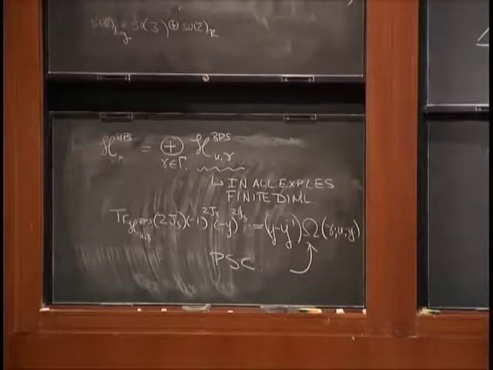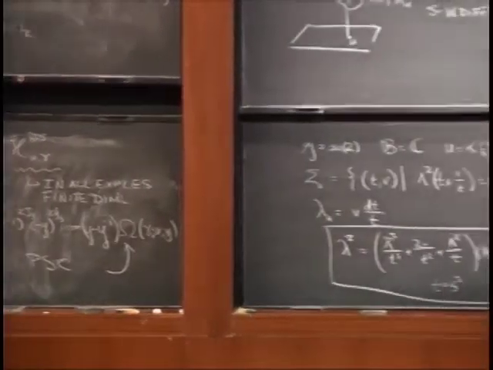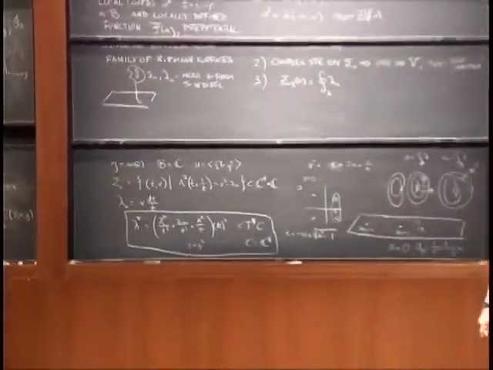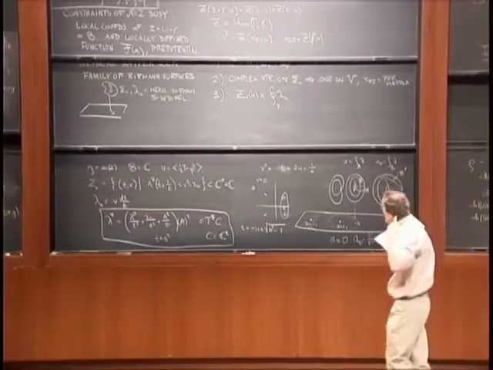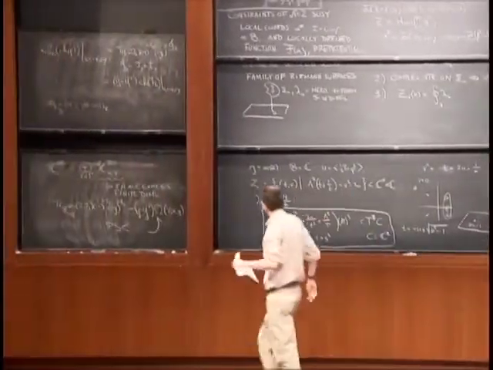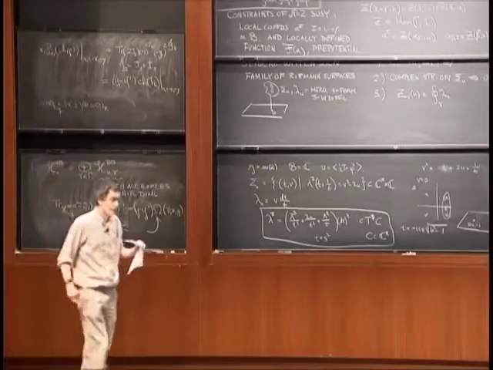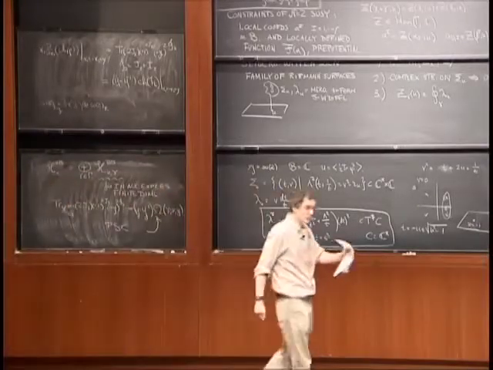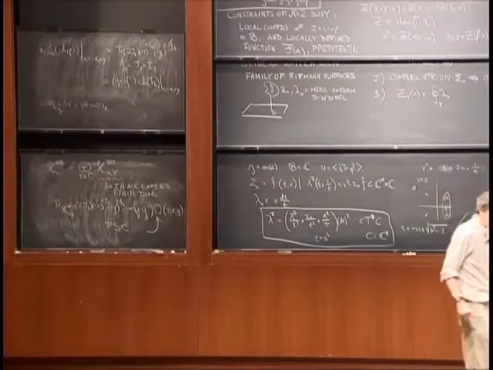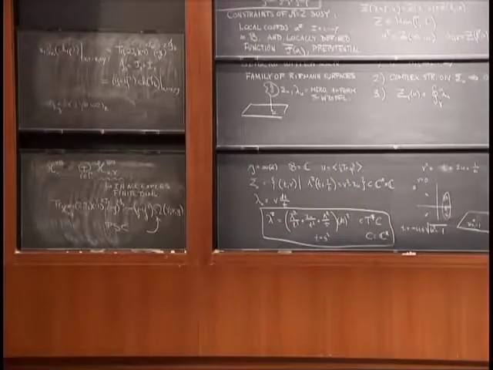All right. From the index, can we construct the representation? Pardon? Can we, from the index, construct the representation uniquely? Yeah, that's a nice question. The following is a true fact. A representation of SU2 is completely determined by its character.